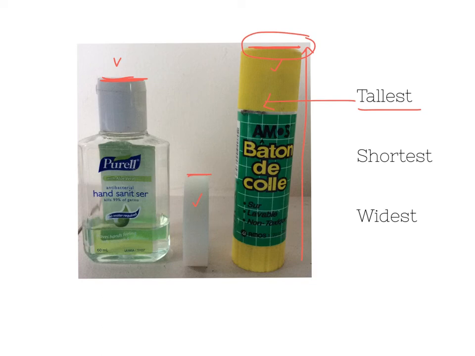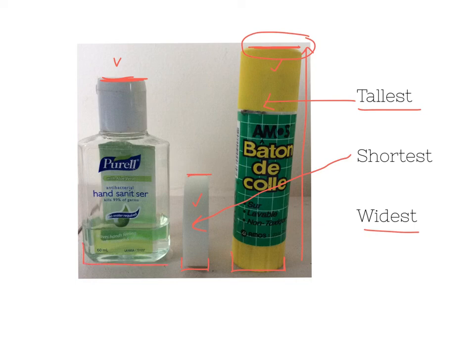The glue stick is the tallest. Now we need to work out which one's the shortest. Which one has the lowest point? Which one does not go very high? I think you can probably see with your eyes that that is this sellotape. And that leaves us with one more to work out, the widest. Which one has the biggest point from one side to another?